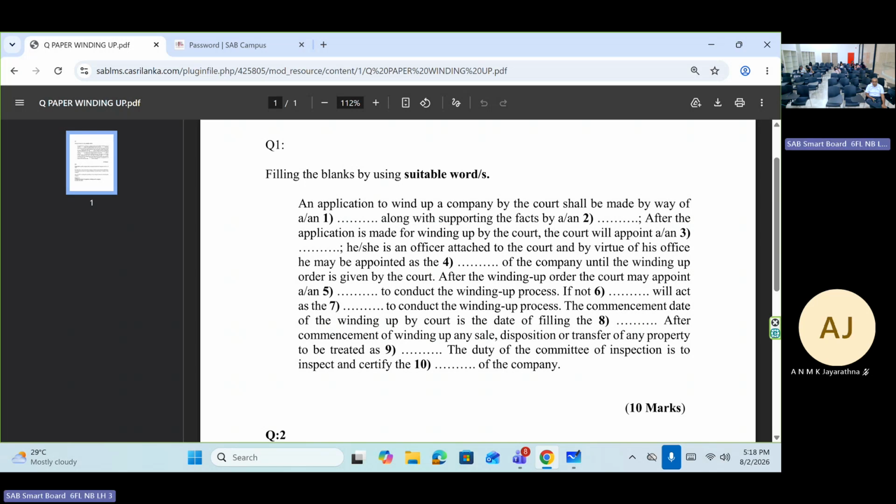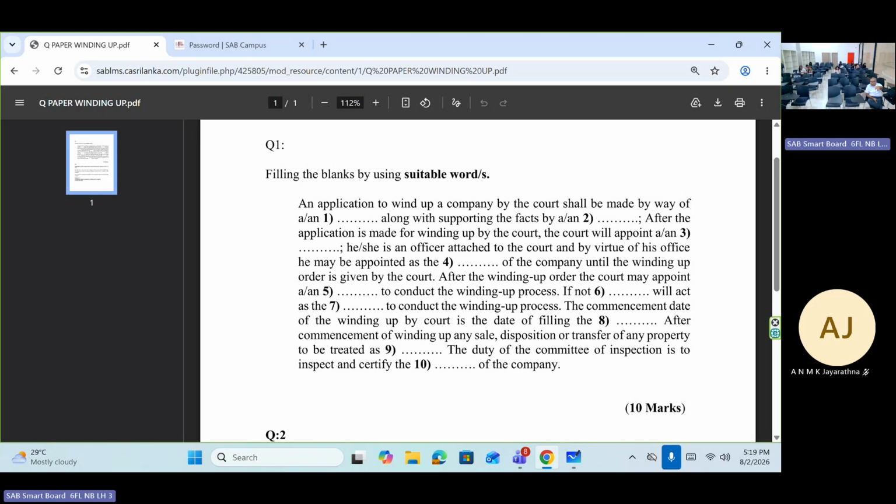Here actually number 6. If the liquidator is not appointed, then who will act as the liquidator to conduct the winding up process?